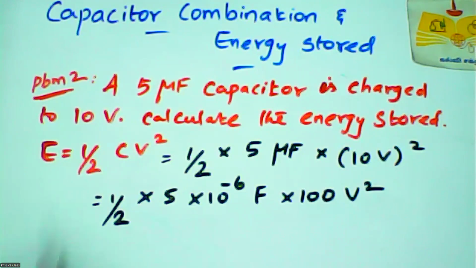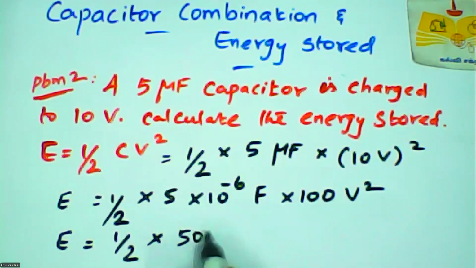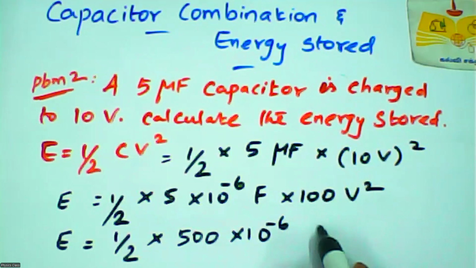Okay. 1 by 2, 5 into 100 is 500, into 10 power minus 6. And we will put the unit joule here. So 1 by 2 into 500 is 250.